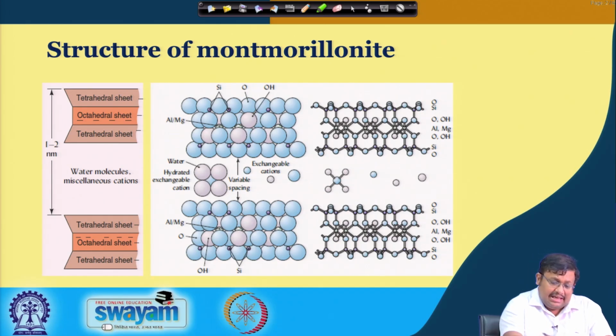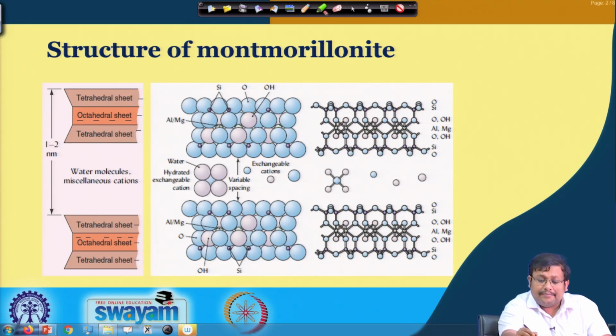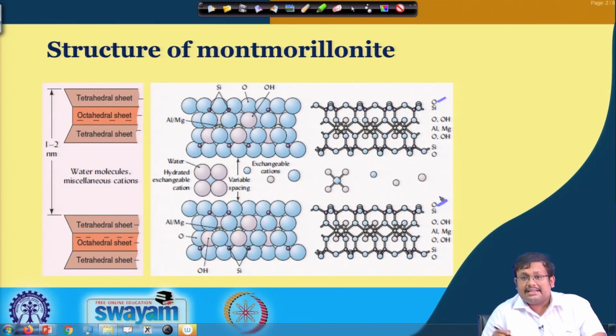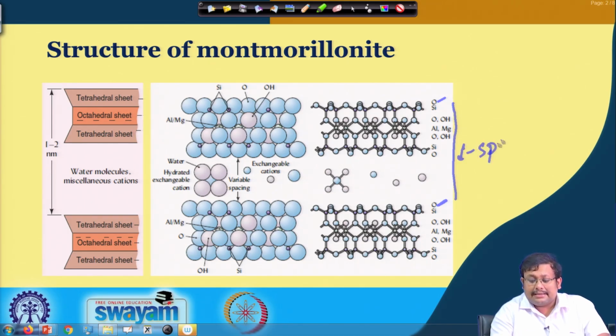Here you see two adjacent layers, and if we consider this is the top layer of oxygen, the repeating top layer of oxygen will be found here in the next adjacent layer, and this linear distance between these two repeating similar layers of atoms is called the d axis spacing.